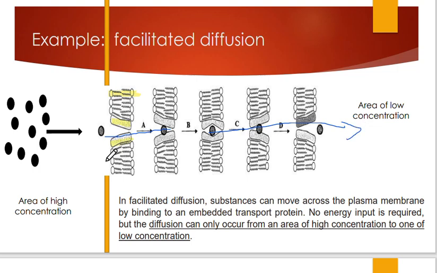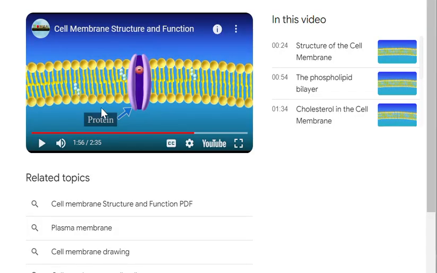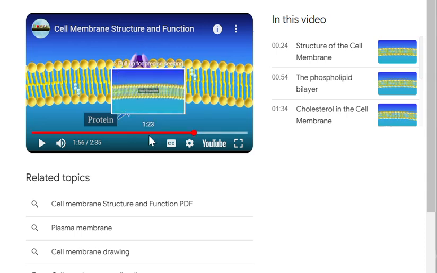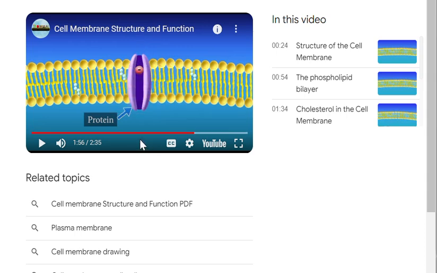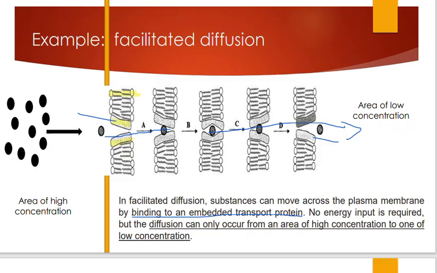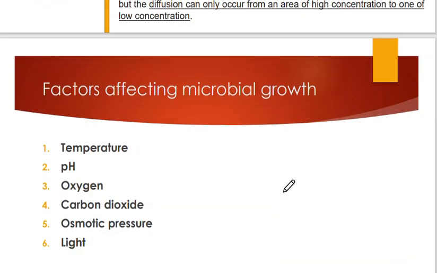So this diffusion process doesn't require energy, only the binding of your embedded transport protein. So this is the embedded transport protein. Okay? This one, embedded transport protein. Just like this one, the same lang man sila. Okay? Can get inside from high concentration to the low concentration. So that is for your facilitated diffusion.